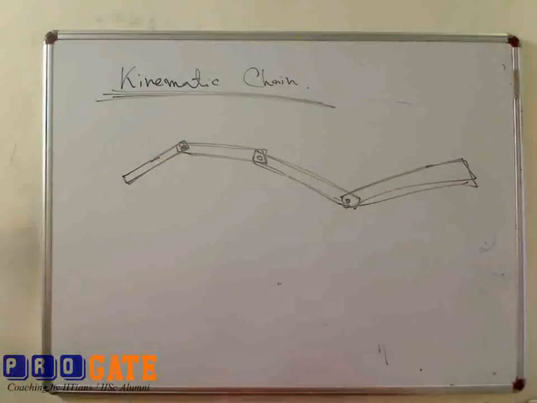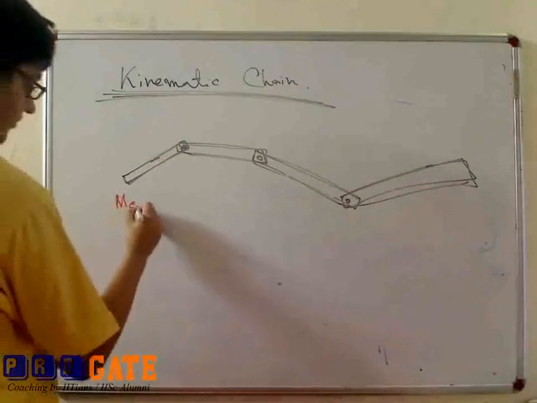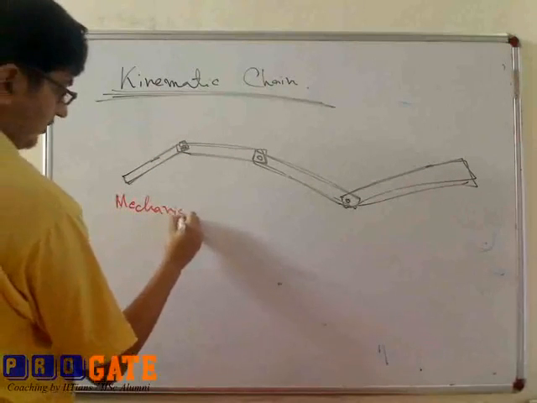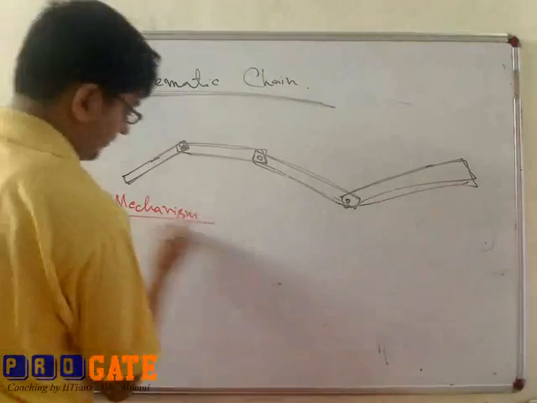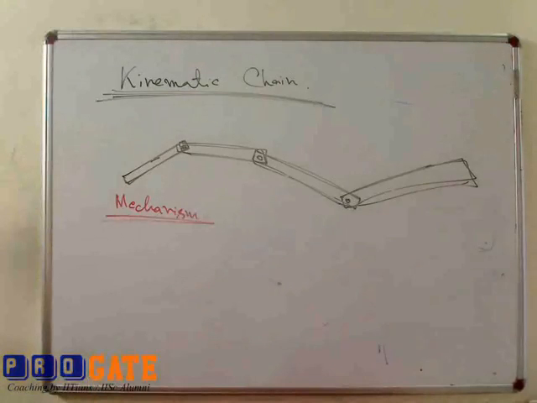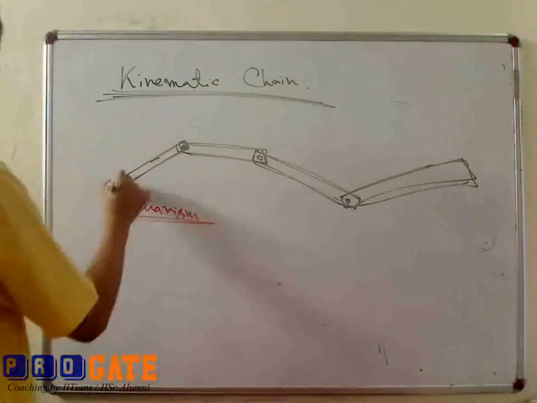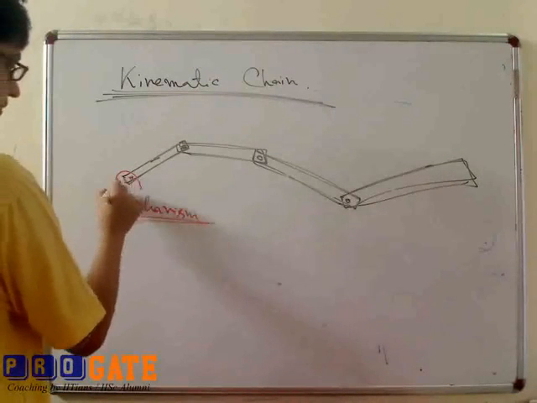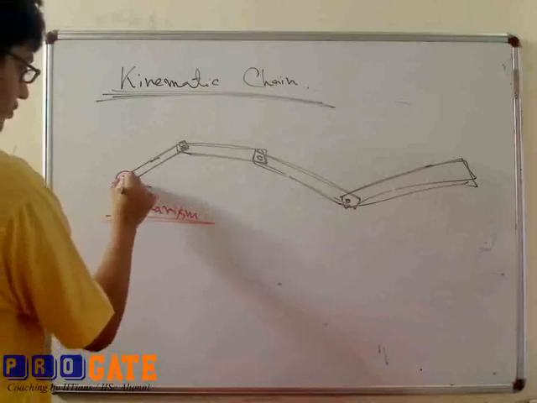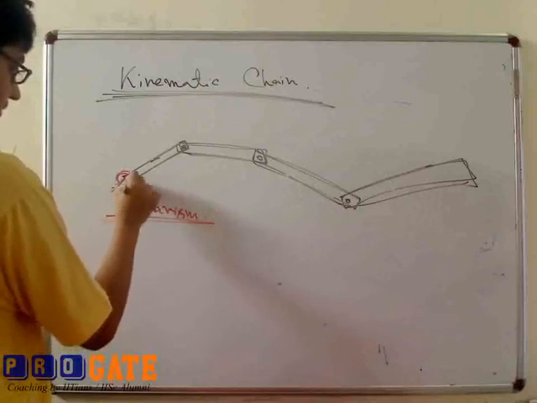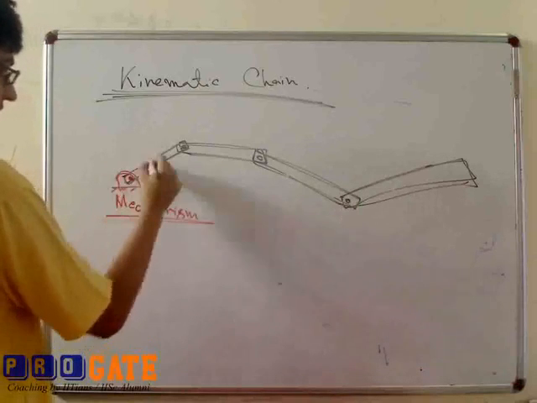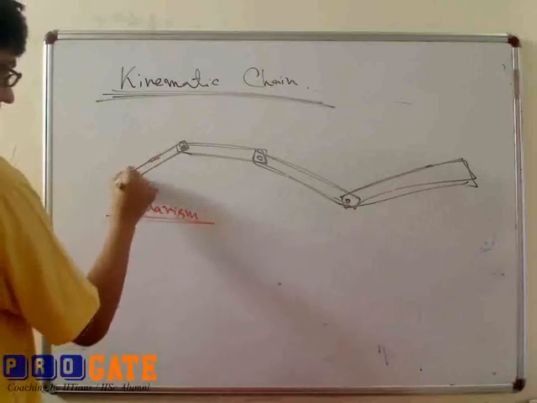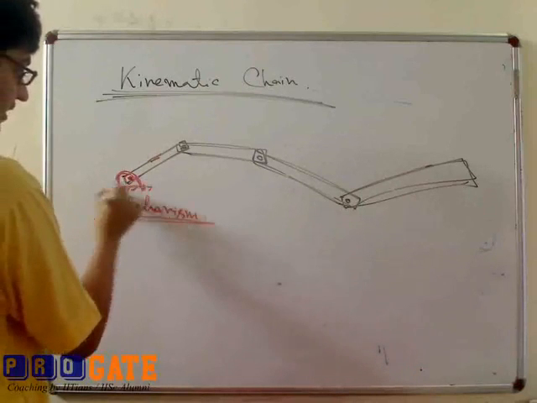Now the important one, mechanism. What is meant by mechanism? Say you join this link, you make a hole in this plate and join this to the ground.